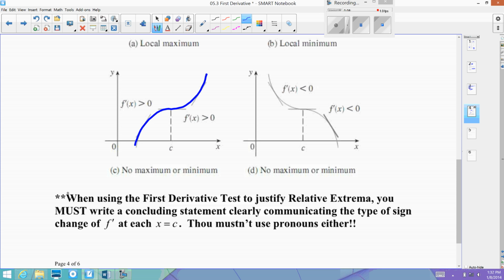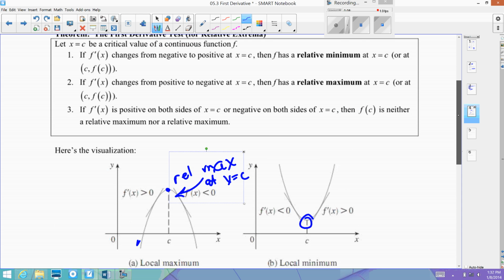This is really important. It's in bold and there's stars, okay? It's extremely important when you're using the first derivative test. All right, so let me go back up here so I could talk about it.